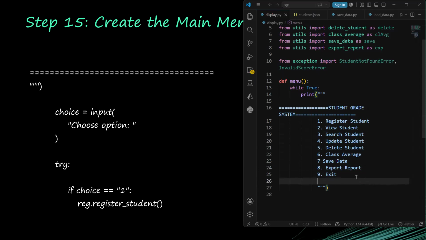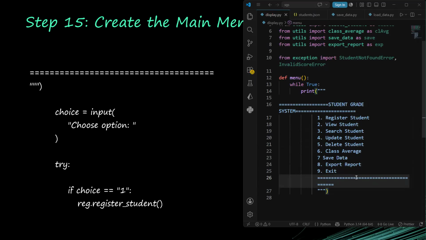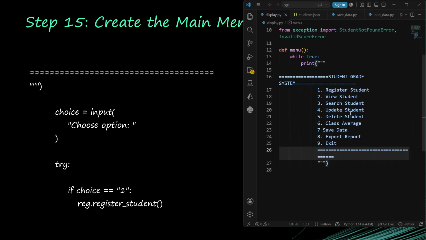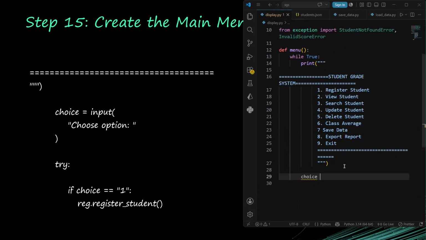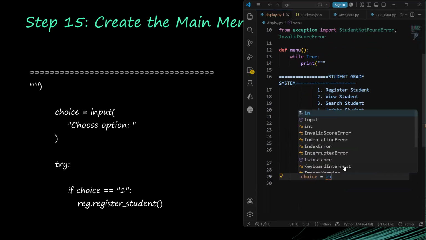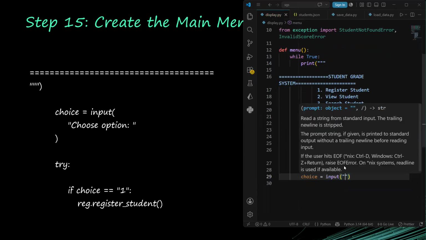So I would also have this. Now, let us go and ask for input. We'll set that input as the user's choice, and we use the input function to take it. We say choose option.